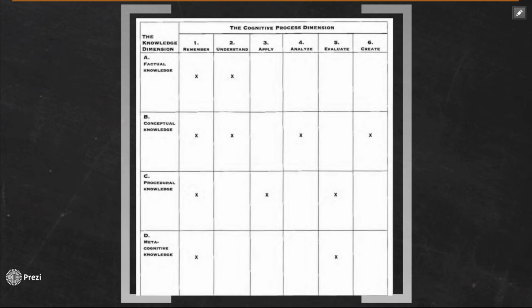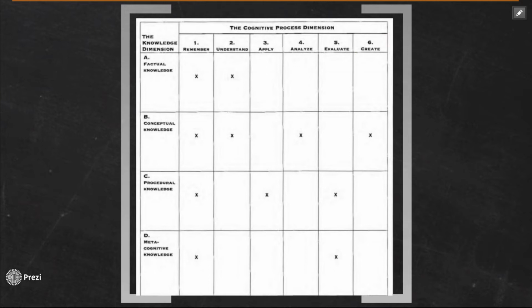from the low thinking order, then mid thinking order, and then also the high thinking skill. We can see that in the cognitive process dimension, from remember and then understand and then apply and then analyze, evaluate and create.